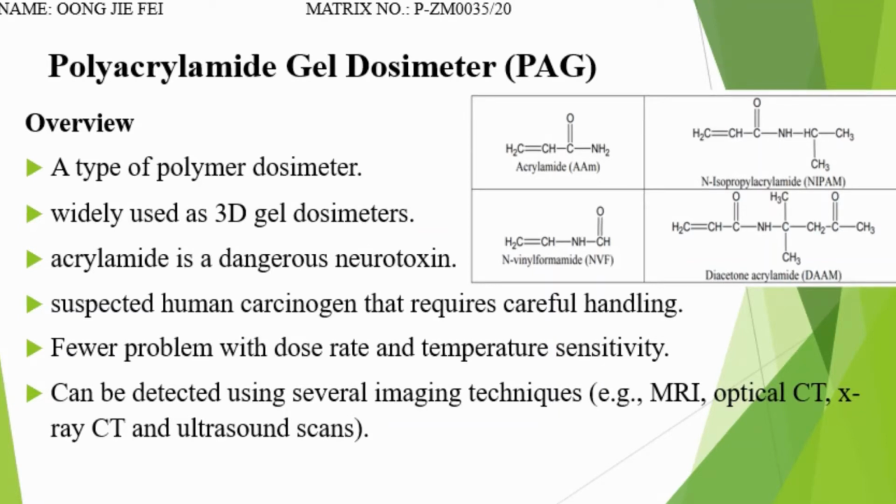It has fewer problems with dosage and temperature sensitivity, and can be detected using several imaging techniques such as MRI, optical CT, X-ray CT, and ultrasound scans. The figure above shows some of the polymer substances that can be used as a polyacrylamide gel dosimeter, PAG.